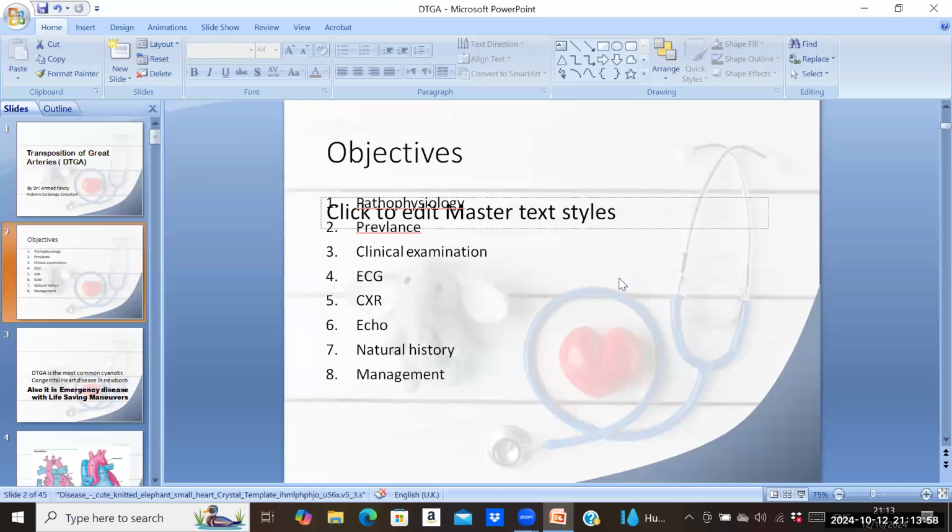The third note in this lecture is the timing of arterial switch operation for a patient with TGA and intact interventricular septum. Arterial switch operation should be done before 6 weeks.